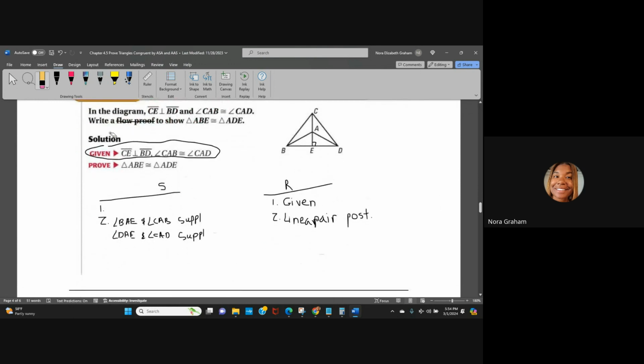Okay. So then the third thing we're going to do and state is that angle BAE is congruent to angle DAE.